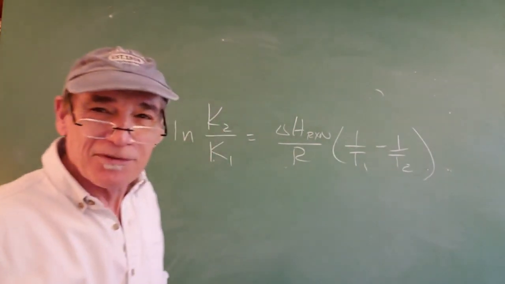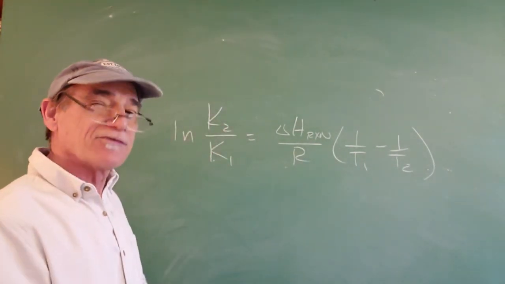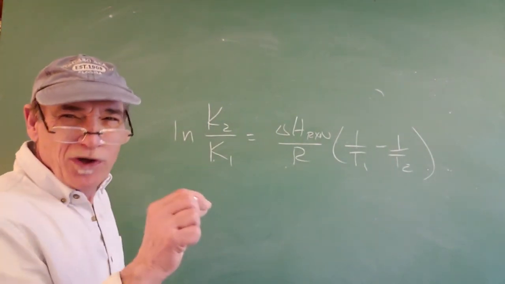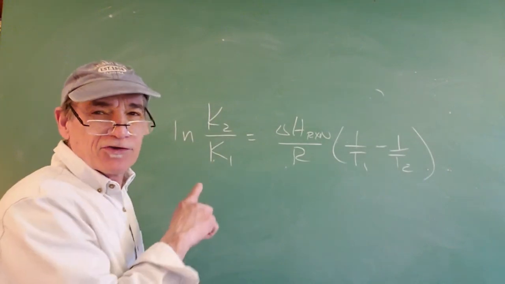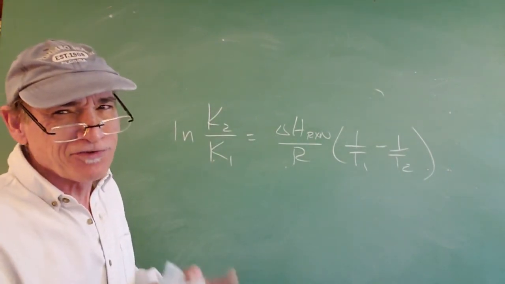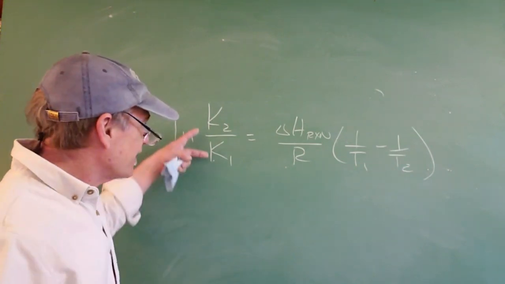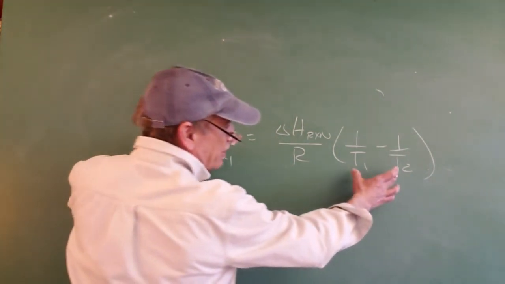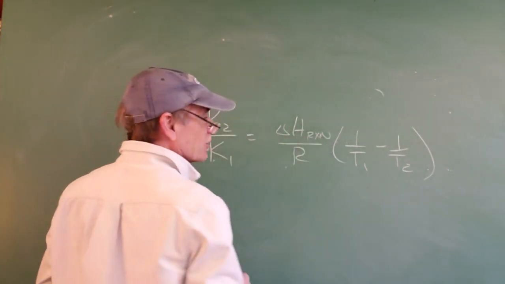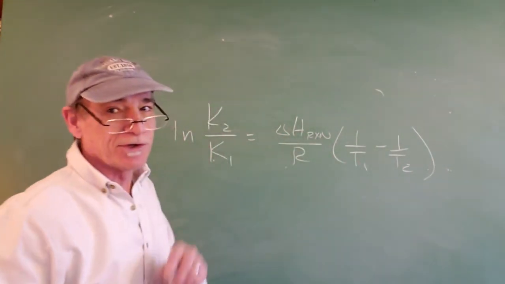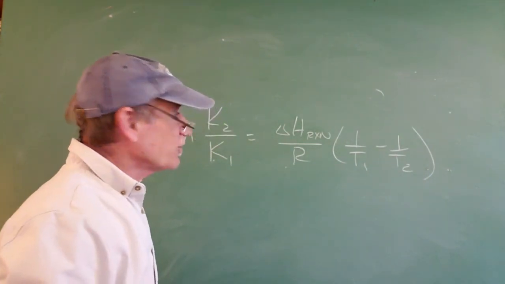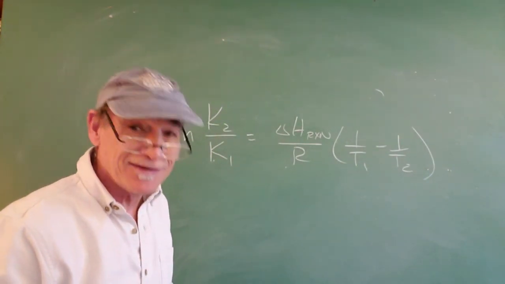We never really got a mathematical formula for that, and so here it is. And like I said, I think I may have sneaked one problem in the homework that deals with this. I don't think there was anything on the green sheet, but again, it should look awful familiar. And again, if I give you any 4 of these 5 things, the 2 temperatures, the 2 Ks, or the delta H of the reaction, you should be able to come up with the 5th component. All right, well, that's pretty much the review for Chapter 19.